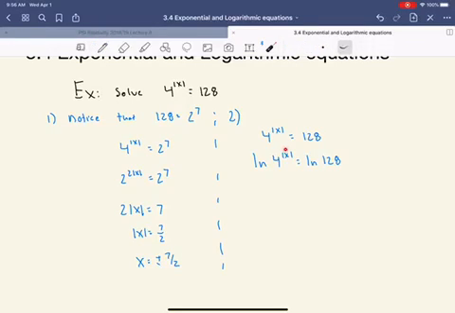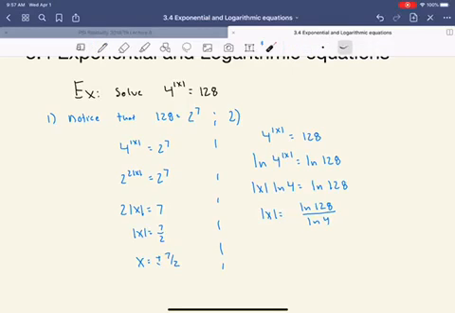Then we're going to bring this absolute value of x in front. So absolute value of x times natural log of 4 equals natural log of 128. So absolute value of x equals natural log of 128 divided by natural log of 4.